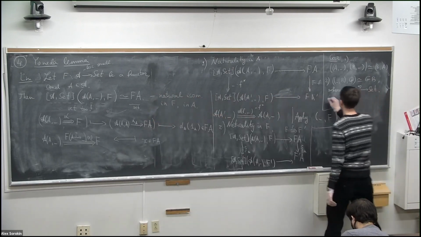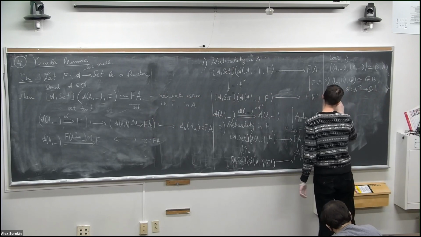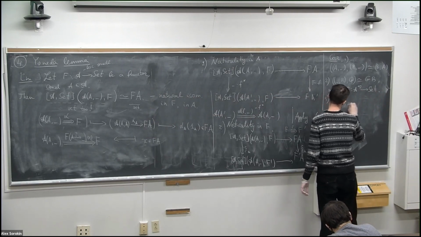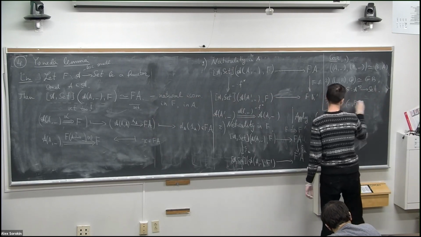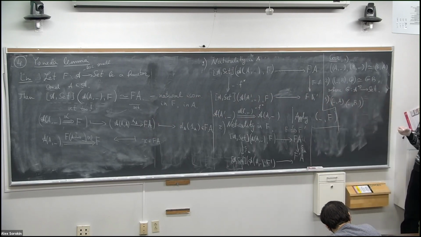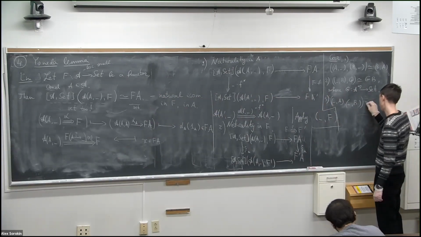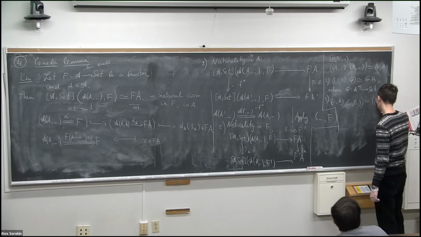Three. A natural transformation between two representable covariant or contravariant representable functors corresponds to an element.